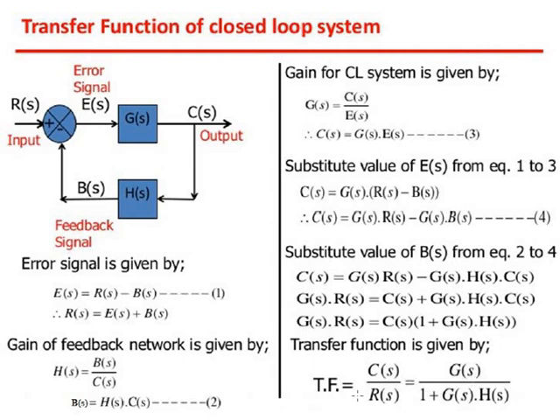So our transfer function for this closed loop system will become G(s) divided by 1 plus G(s) into H(s). This plus sign will change to negative for positive feedback. When the feedback signal sign is negative, this sign is positive, and for a positive sign of the feedback signal, this sign will be negative. So this is the transfer function for the closed loop control system.